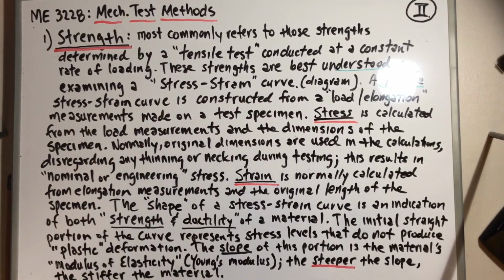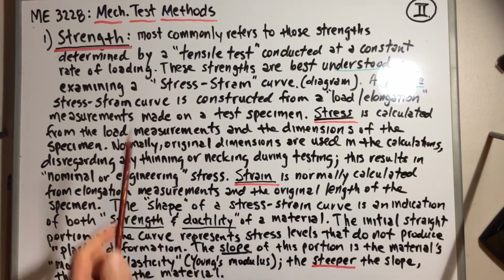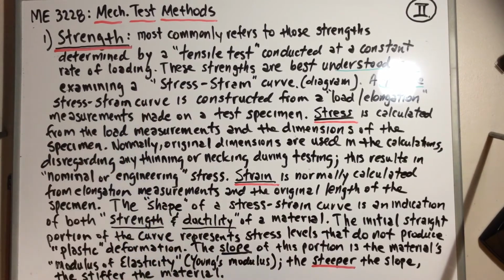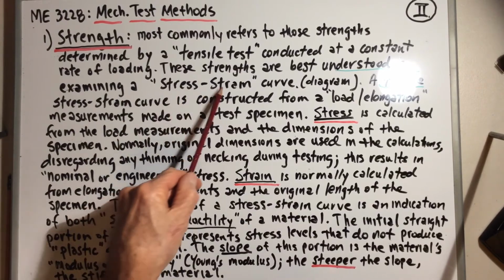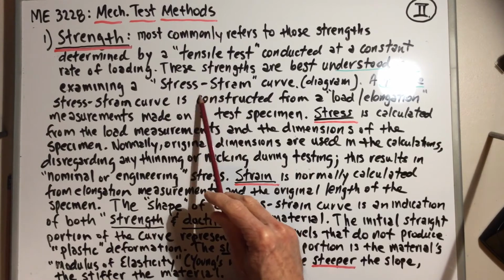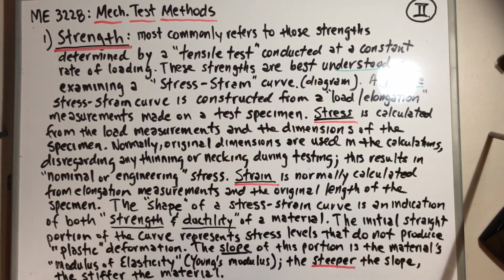These strengths are best understood by examining the result of this, the data that is derived from this tensile test, which is what we call a stress-strain curve. Now, I know you've heard that term, of course. It could also be called a stress-strain diagram. But the tensile stress-strain curve is constructed from load and elongation measurements made on the test specimen. So again, when we get to see what this looks like, you'll see what I'm talking about.